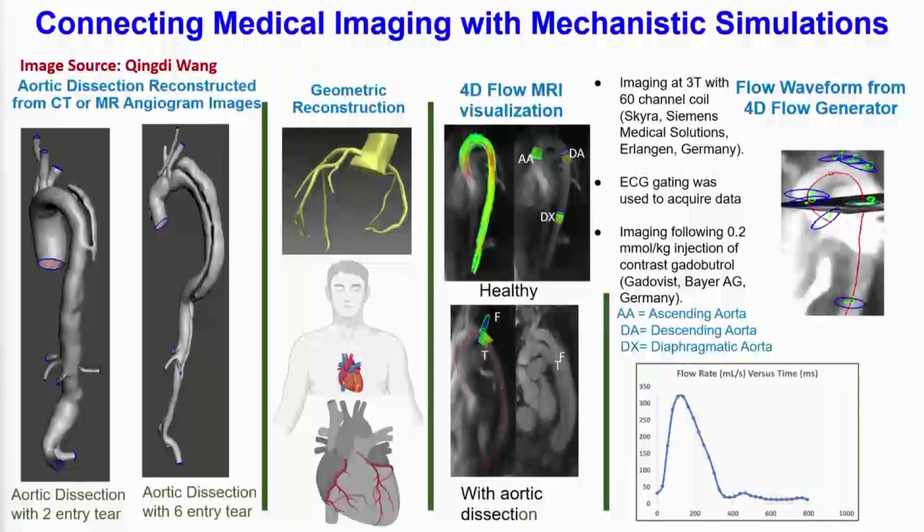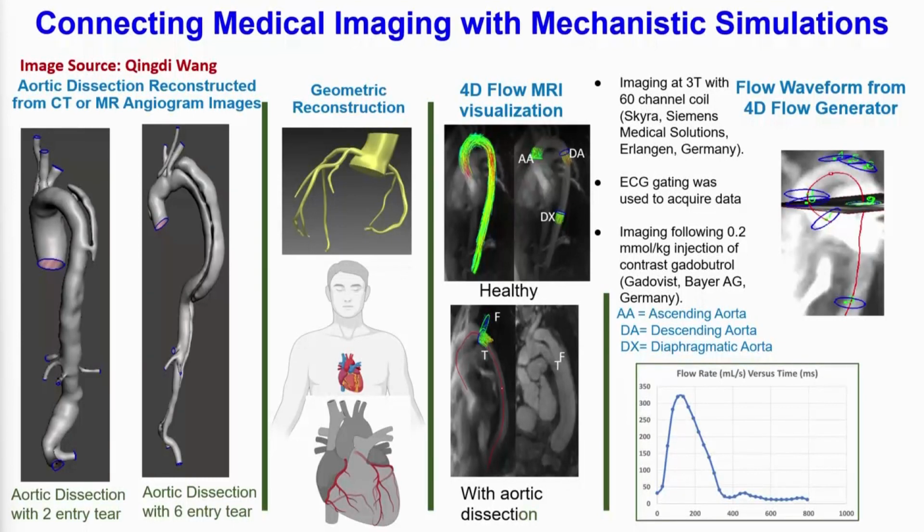So, connecting medical imaging with mechanistic simulations. I have purposefully written it mechanistic, because it has both fluid mechanics and solid mechanics, so not just CFD. To do that you need a medical image.